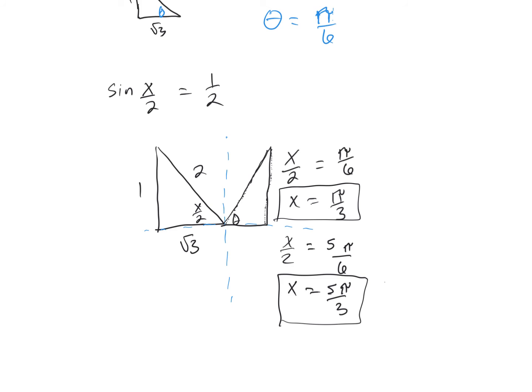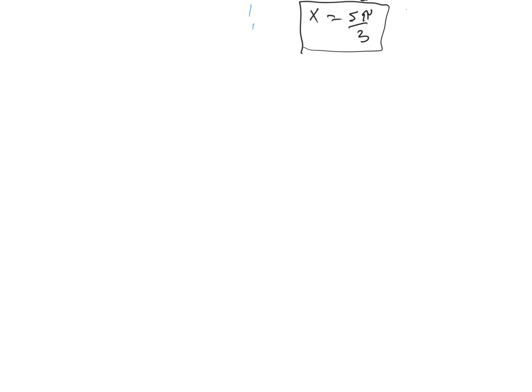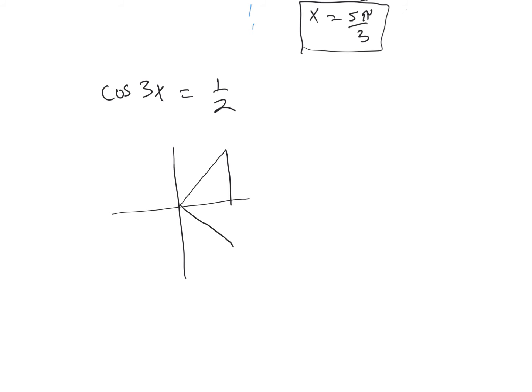Let's do another example here. What if I have cosine of 3x equals 1/2? Well, first things first, my cosine is positive. So it could be these two angles right here. This is my 3x, and this is also 3x.